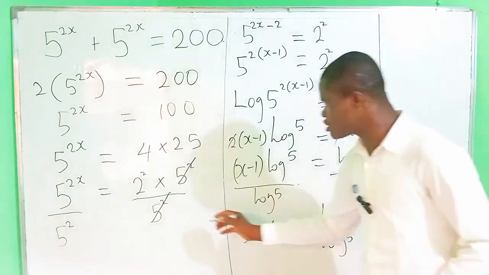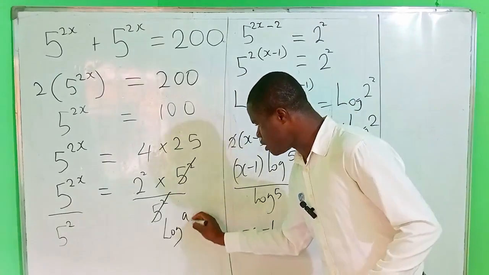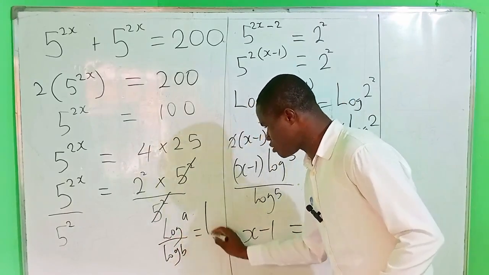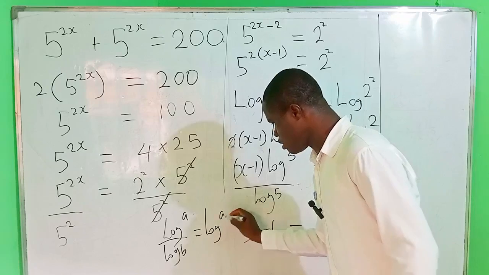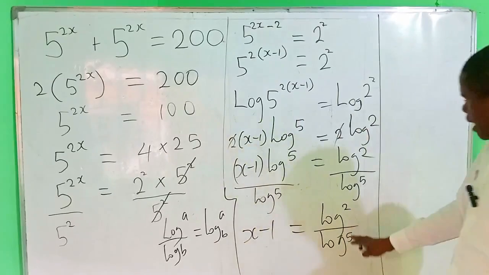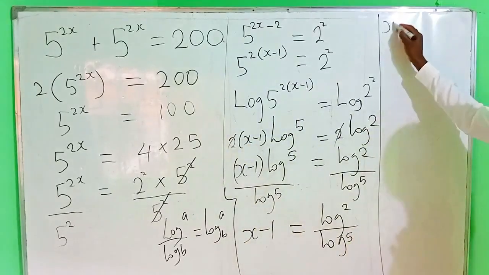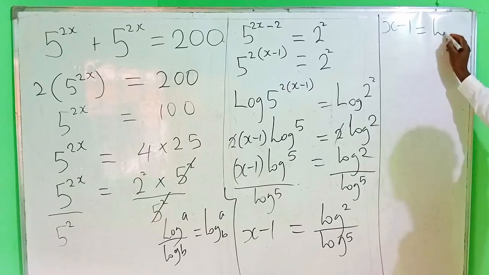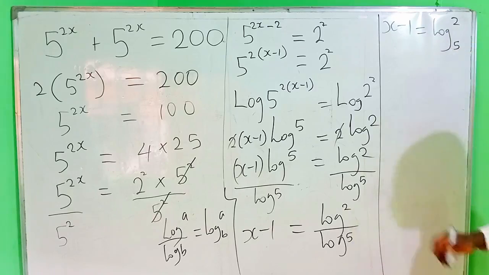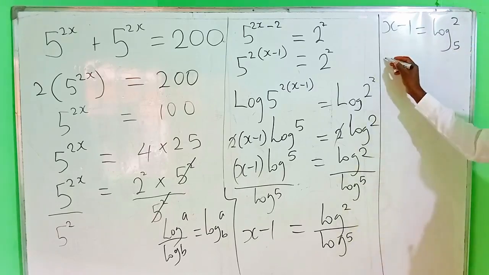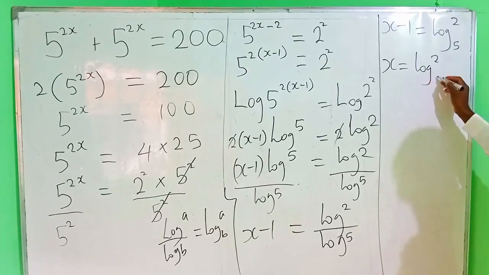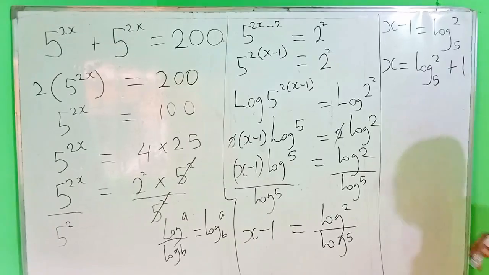The division law of logarithm says if you have log a over log b, that is log a in base b. Applying the same thing here, x minus 1 is equal to log 2 in base 5. Making x the subject, x is equal to log 2 in base 5 plus 1.